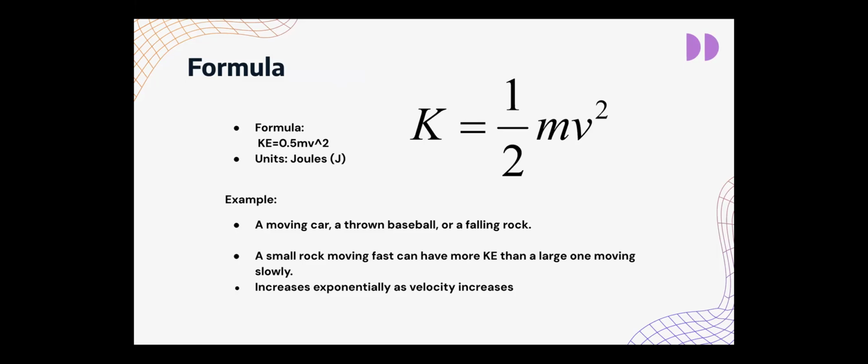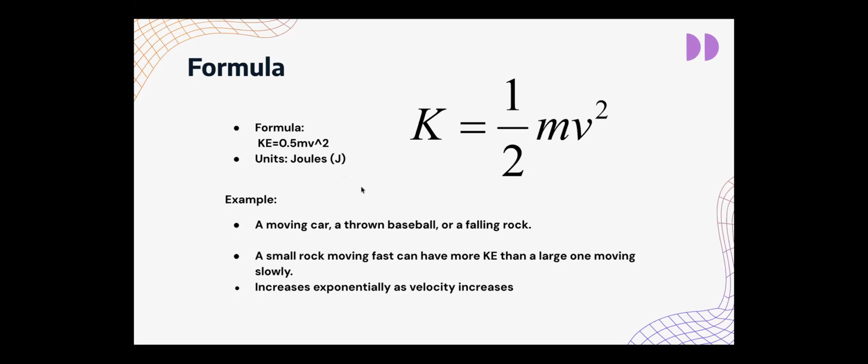We will derive this next class because it takes a few other equations to figure out why this is. But for right now, I won't cover it too much. Just remember, you might want to write this down. The equation is 1/2 mv squared. Write it down in the notebook and then make sure you also have the units, which is joules.